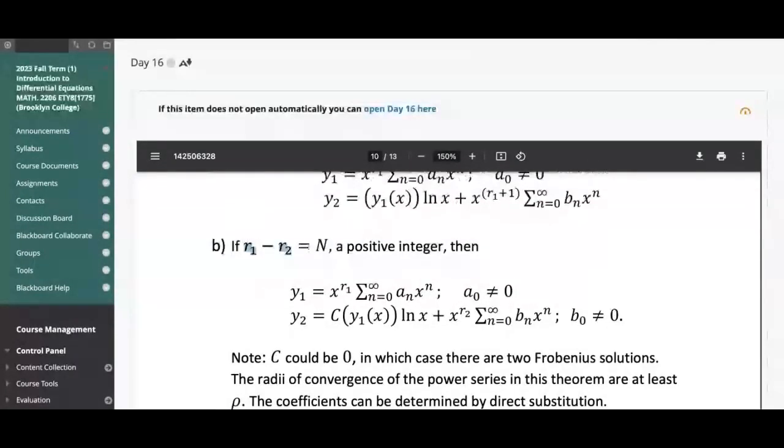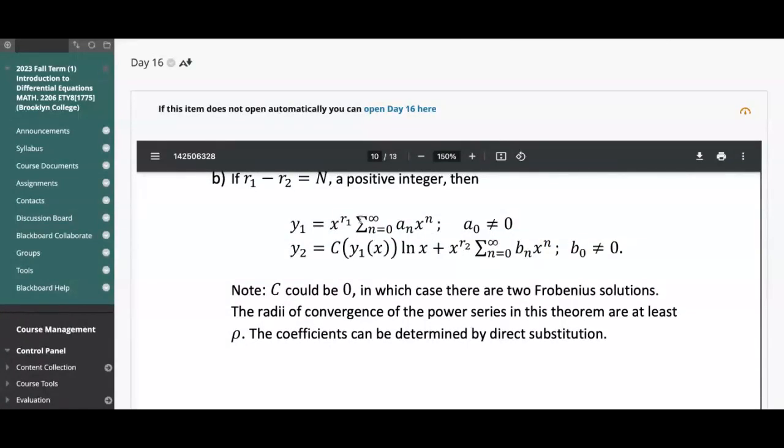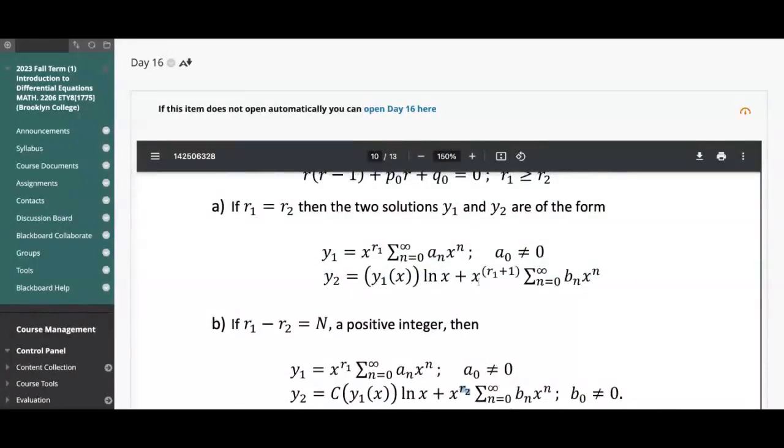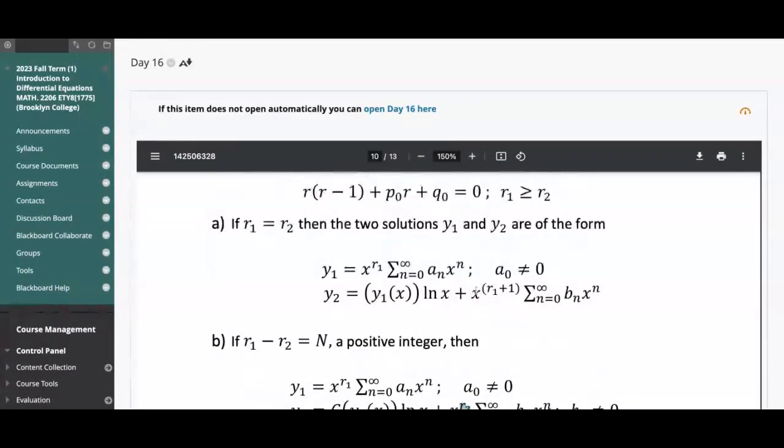When R1 and R2 differ by a positive integer, I have this C, and the rest of it is the same. Oh, of course, different here. The first one has x raised to R1, this one is the same. But the second one is different because R1 and R2 are different. So this second piece is x raised to R2, not x raised to R1. But in the first case, because the two roots are the same, this is still x raised to R1, right? R1 equals R2.